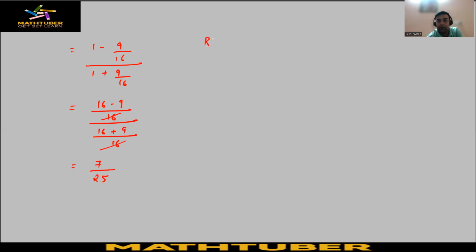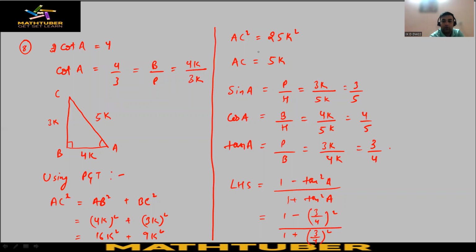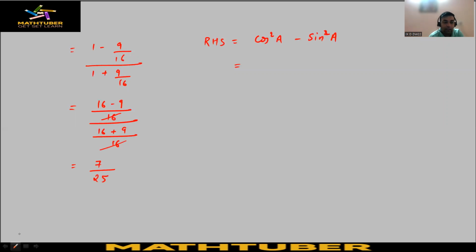Now we have to take the RHS here, which is cos square A minus sin square A, and now put the values of cos A and sin A here. So the value of cos A is 4 upon 5, so it will be 4 upon 5 whole square, and the value of sin A is 3 upon 5, so it will be 3 upon 5 whole square.